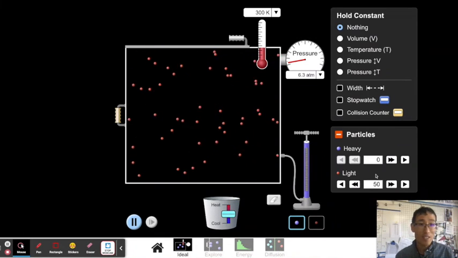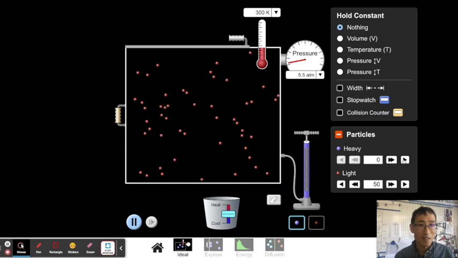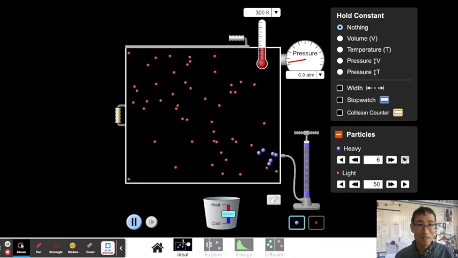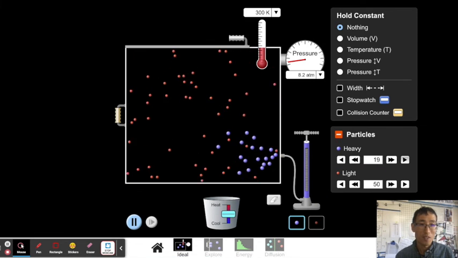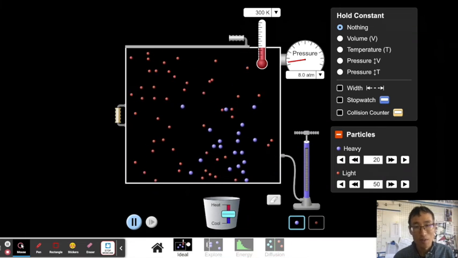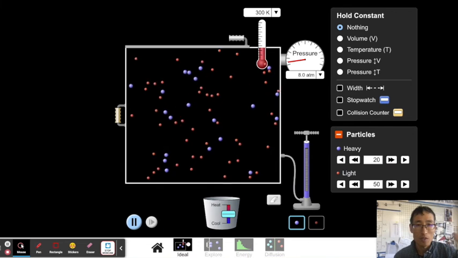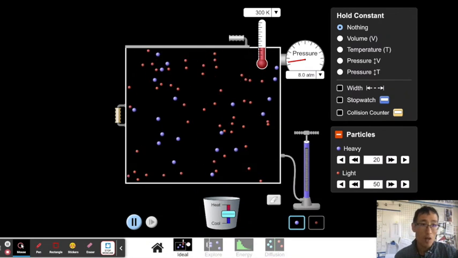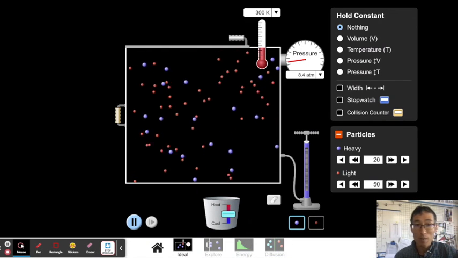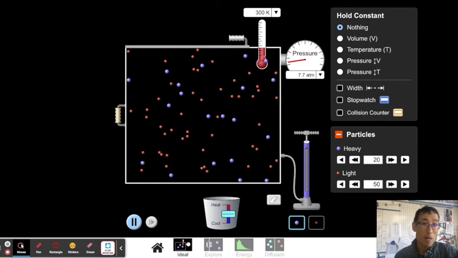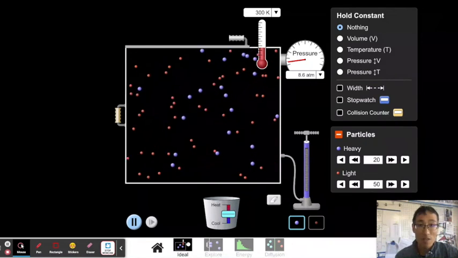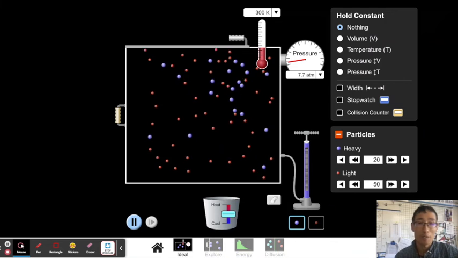And the answer is not that difficult, because if I take the 2.5 atmospheres from the heavy particles and the 6 atmospheres from the light particles and add them together, it's going to be about 8 to 8.5 atmospheres, which is what we see happening here.